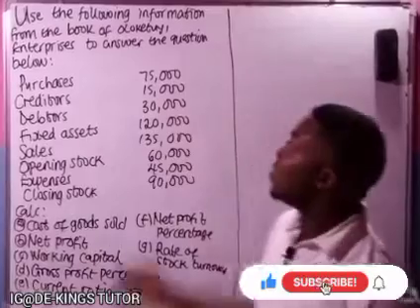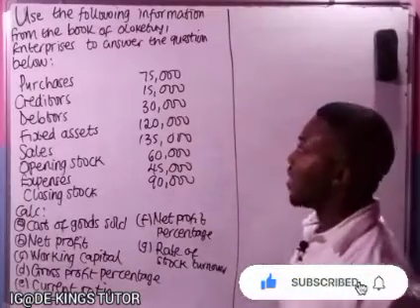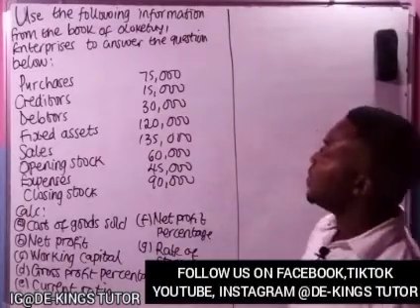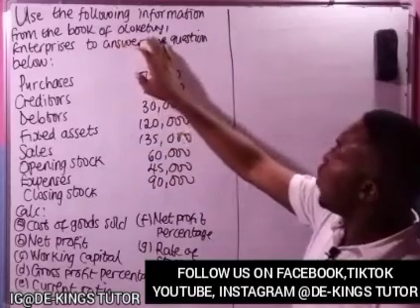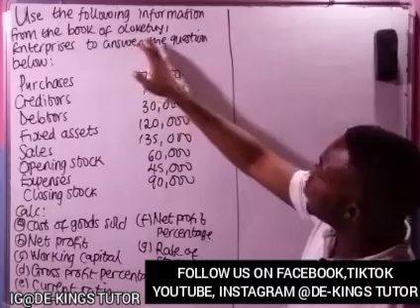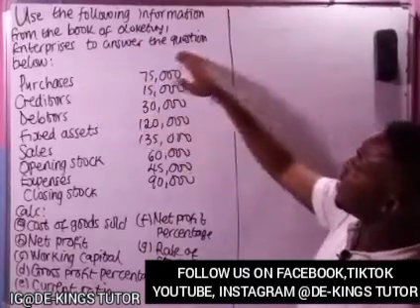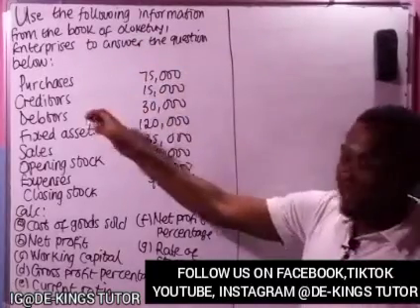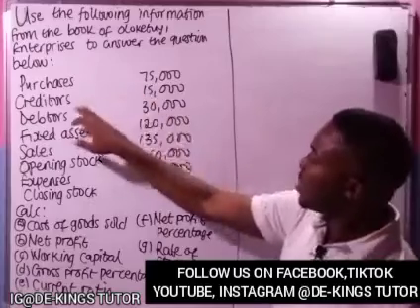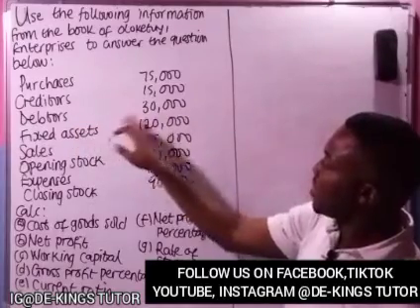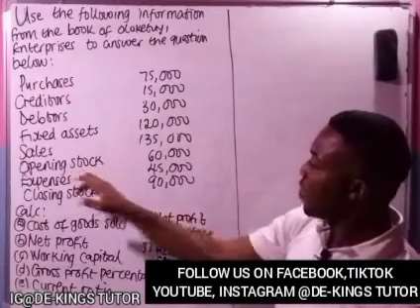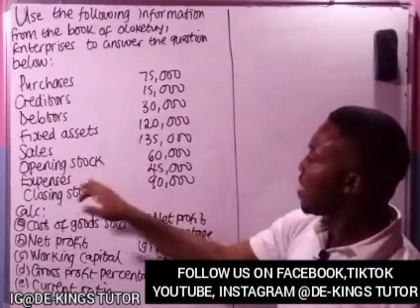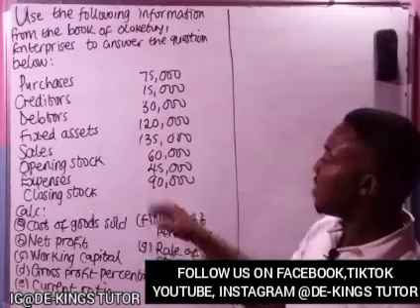Okay, now I want to see a question on accounting. The question said, use the following information from the books of Oloketui Enterprise to answer the question below. They give us items like purchases 75,000, creditors 15,000, debtors 30,000, fixed asset 120,000, sales 135,000, opening stock 60,000, expenses 45,000, and closing stock 90,000.